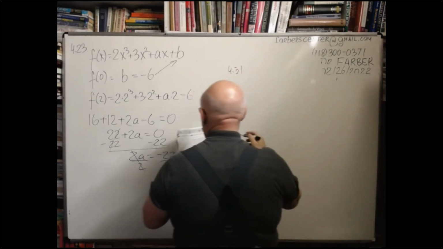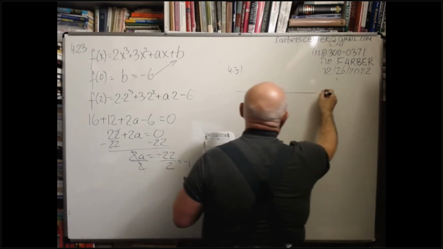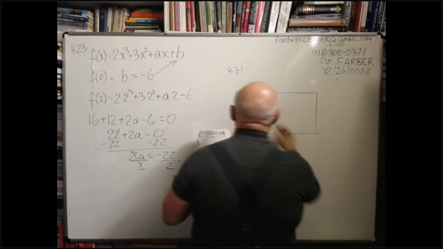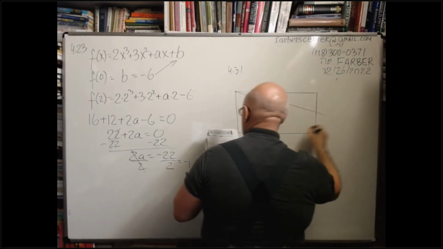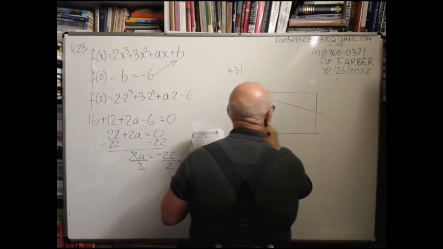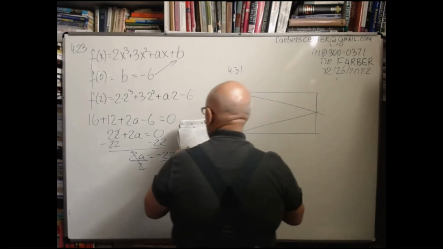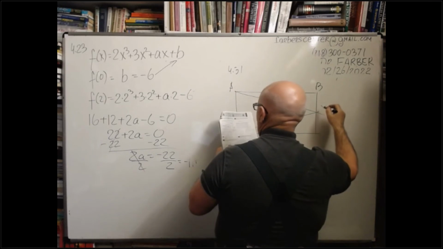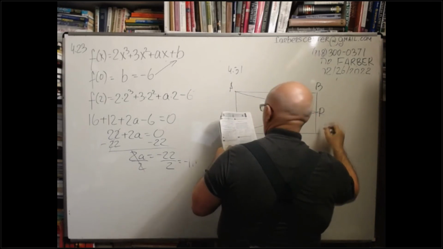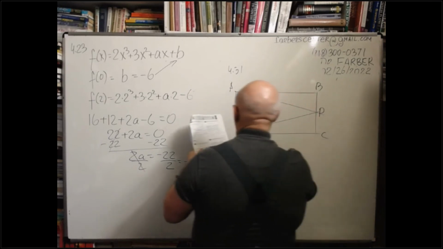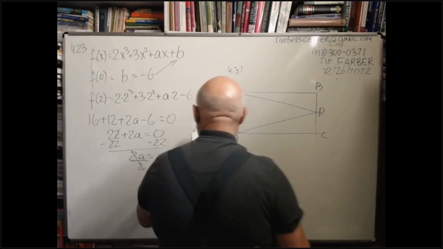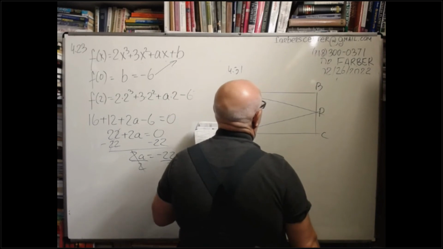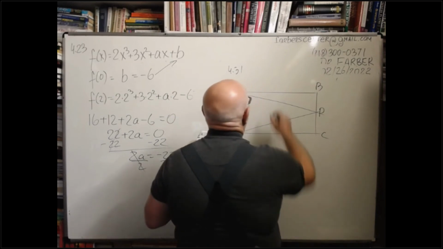431. Make this picture first. Not to scale. A, B, B, C, D. Tangent of BAP, this one, given.